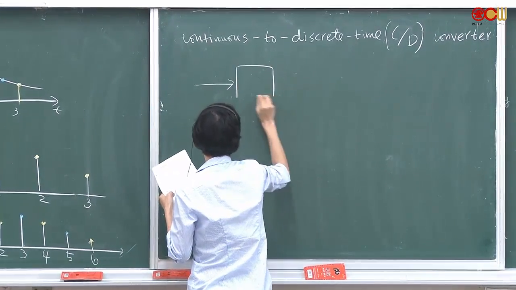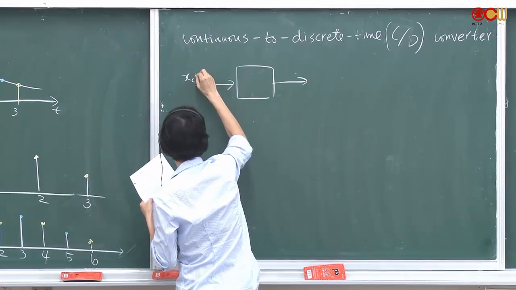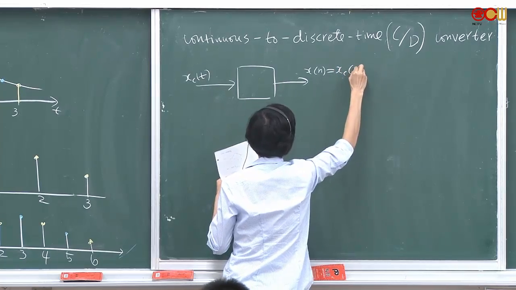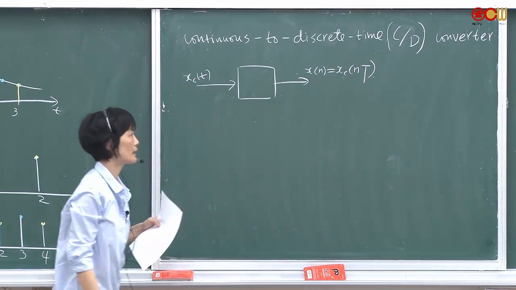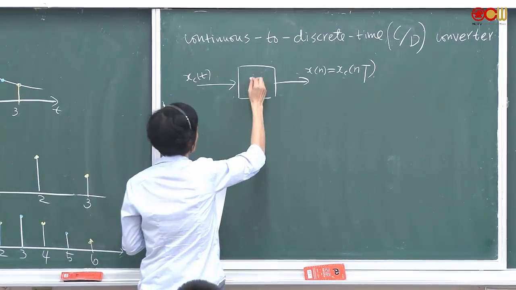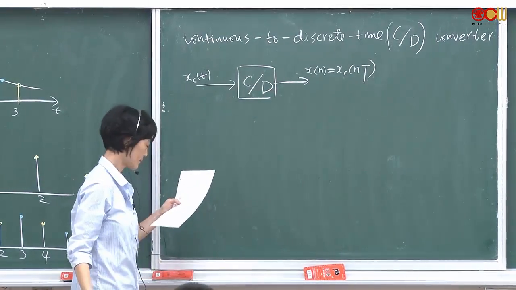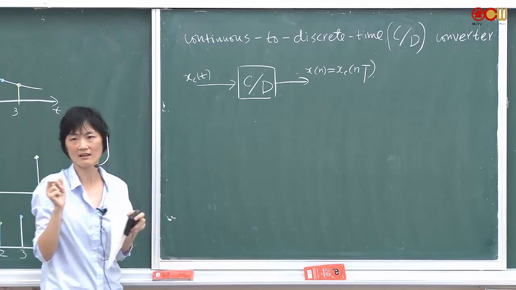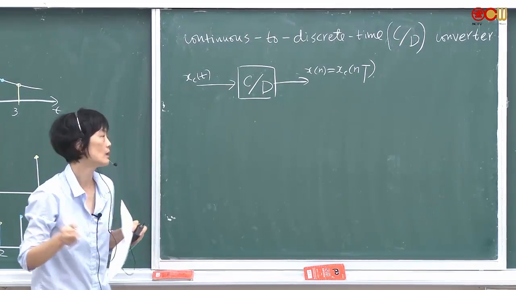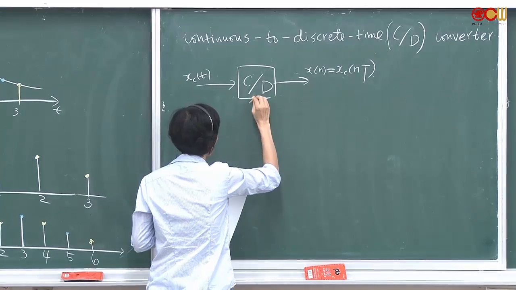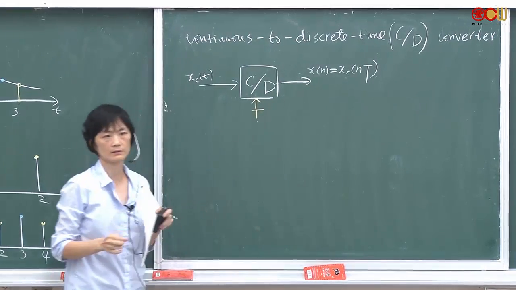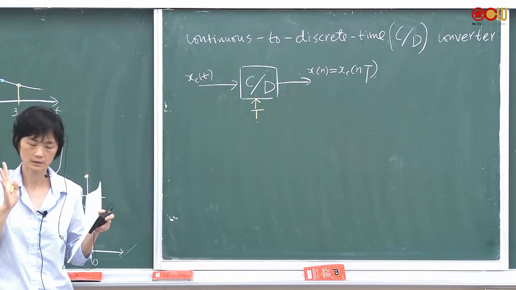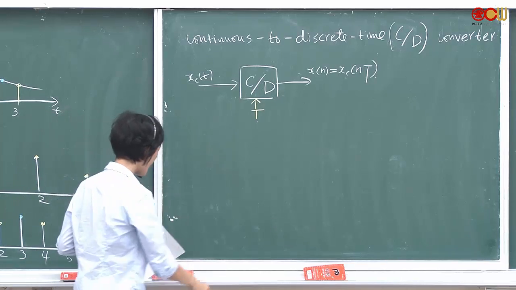The input of the converter is continuous time signal x_c, and the output is samples of x_c. And we often put T, because this output really depends on the sampling period that we have chosen, so very important here is T. We don't just have a C to D, we need to know the sampling period, then we know what's in this C to D. Alright?